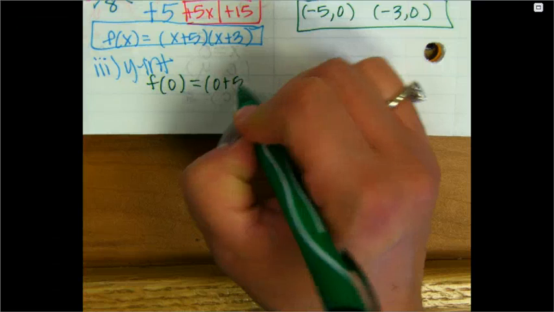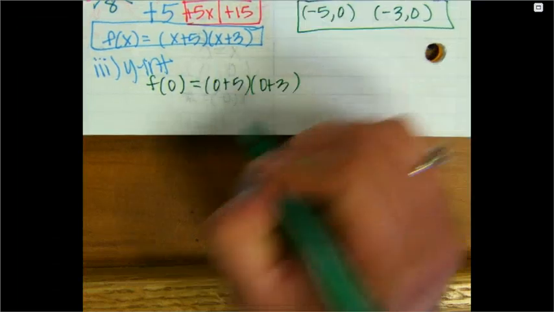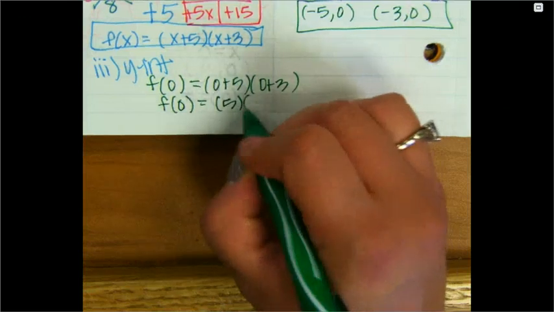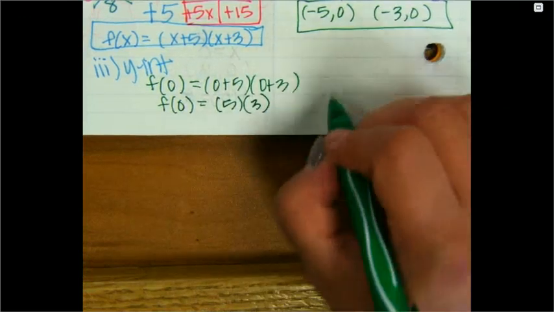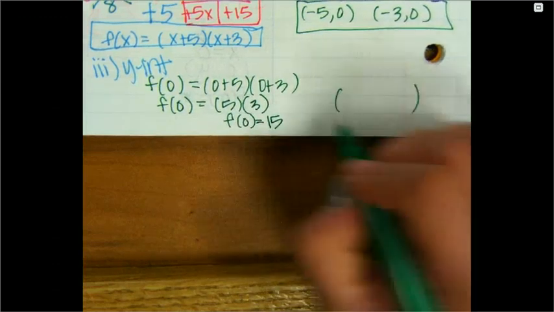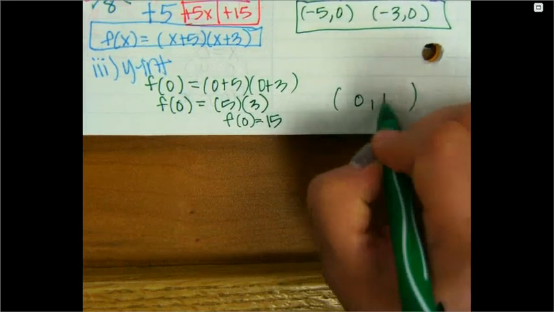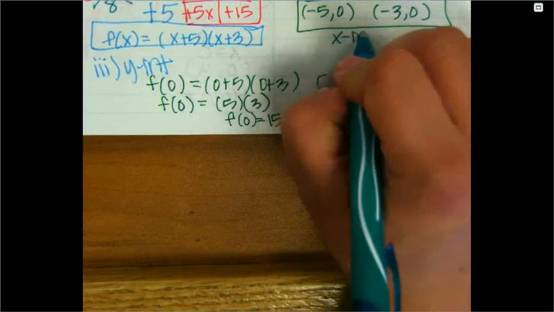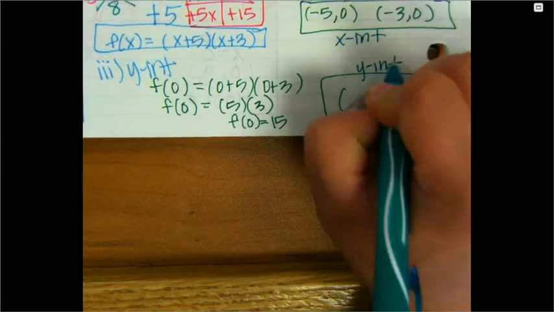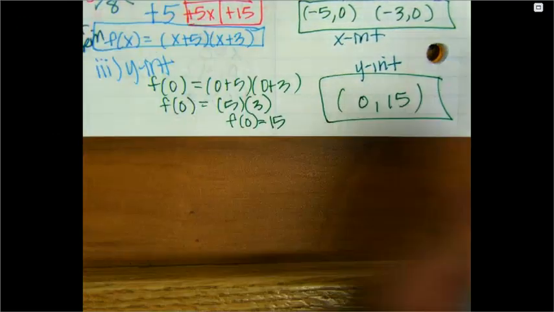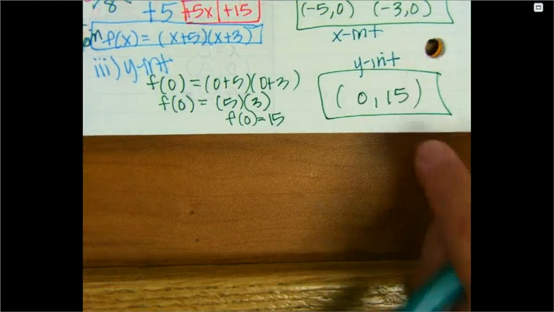Equals 0 plus 5 and 0 plus 3. What's 0 plus 5? What's 0 plus 3? And what do you get? F of 0 equals 15. Ordered pair? 0, 15. I need to label all my stuff so I know what I'm talking about. All right, so this is intercept form, this is x-intercepts, this is y-intercept.